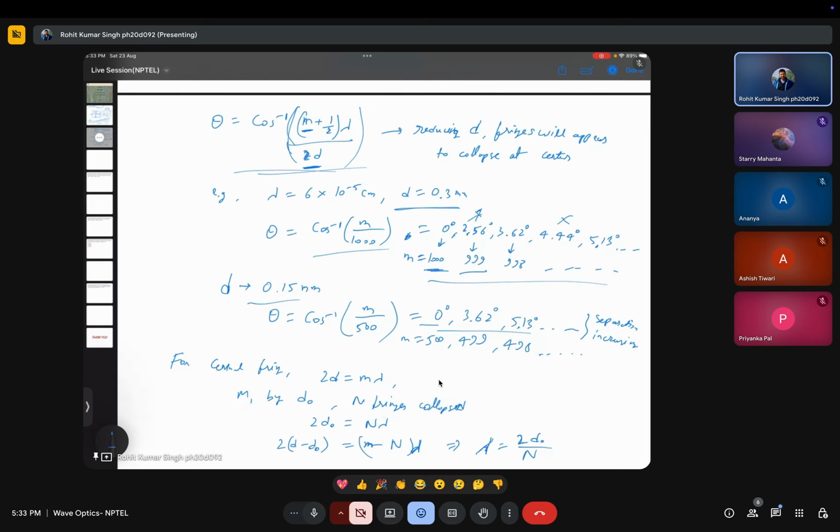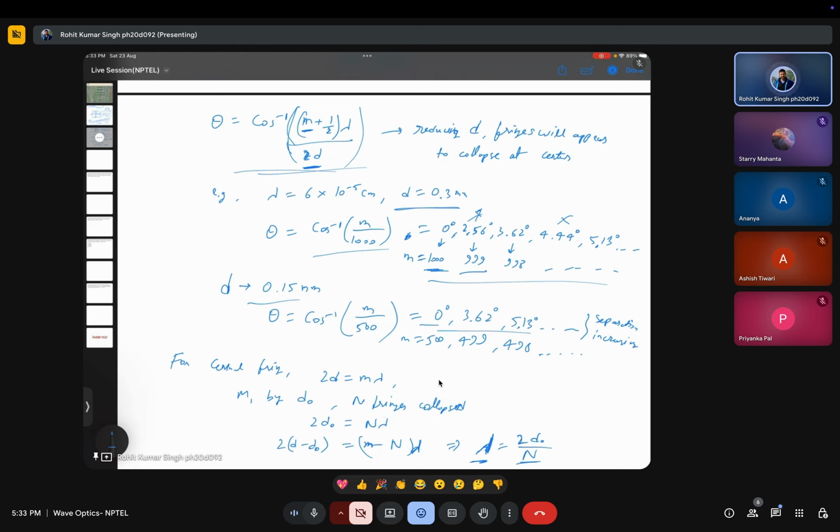So just by changing the distance between the two mirrors, you can check how many fringes are collapsing, that you can measure, and from there you can calculate the wavelength of the light. So it's a very nice experiment that you can do.